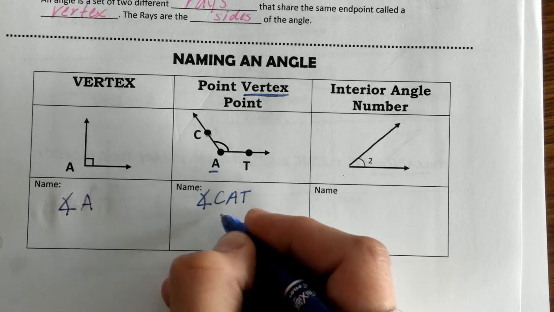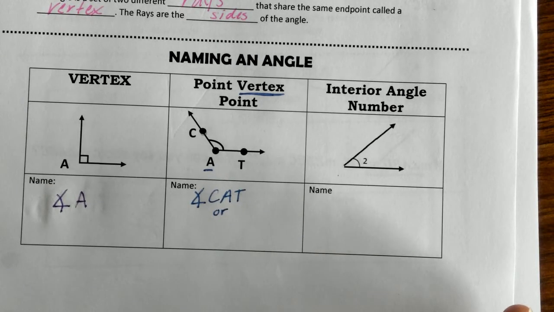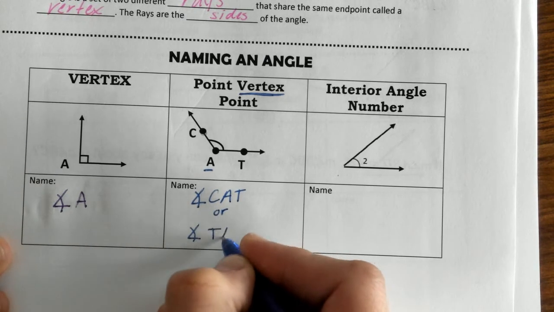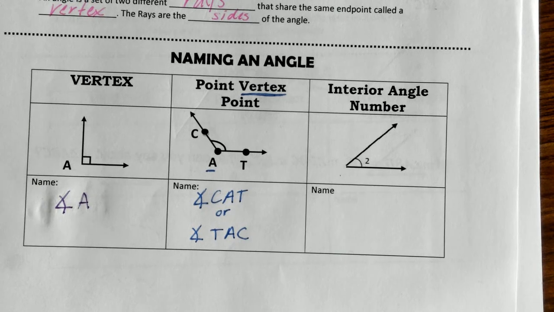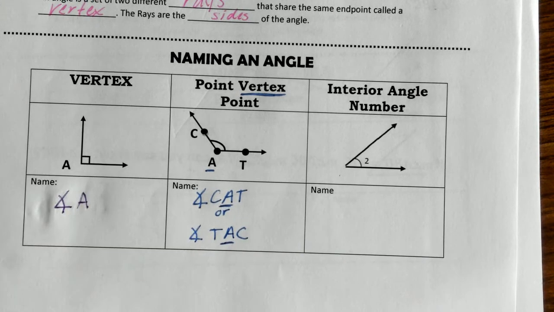I'll actually do that sometimes. But what else? Angle TAC. So you have a little freedom there with the point and the point. What has to stay in a certain place? That vertex has to be in the middle. Okay?